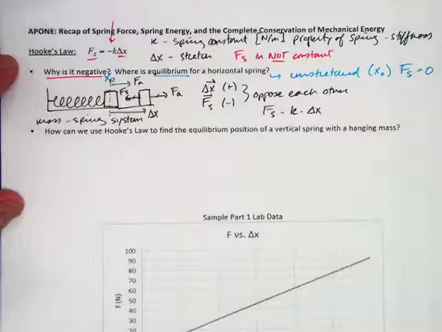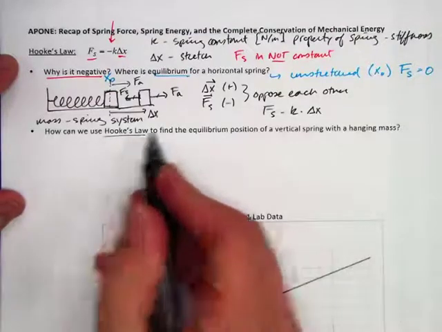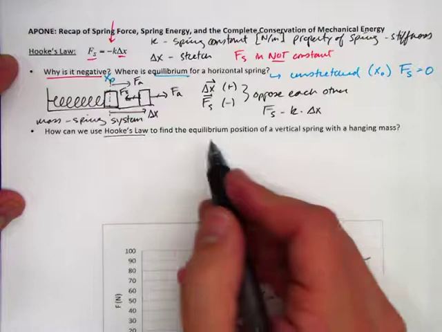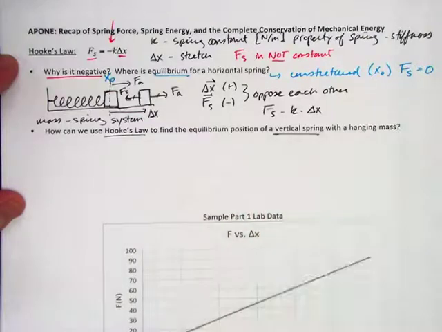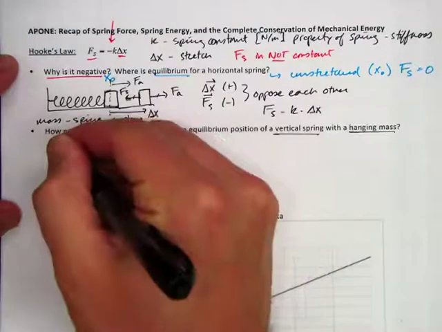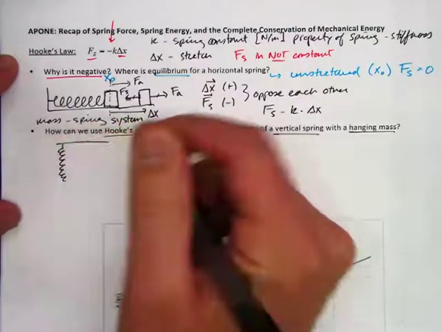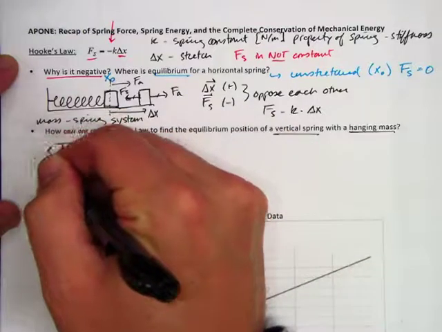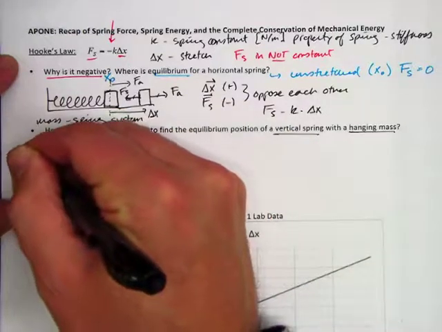Now, how can we use Hooke's law to find the equilibrium position of a vertical spring with a hanging mass? This is similar to the system that you guys created in the lab, where you had a spring and it had its unstretched length.